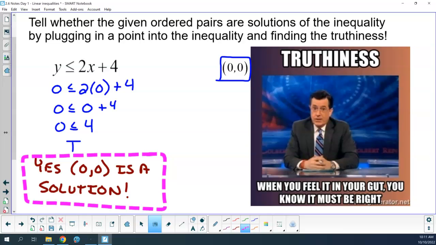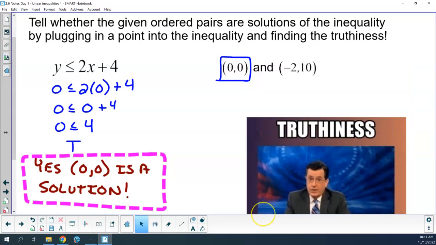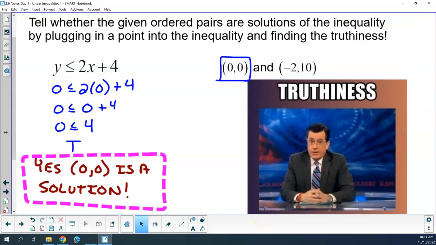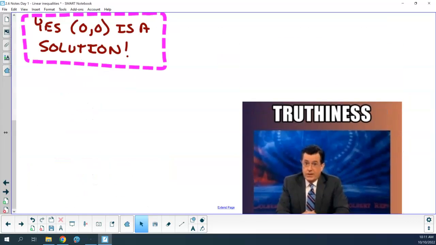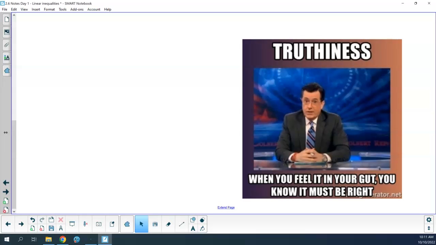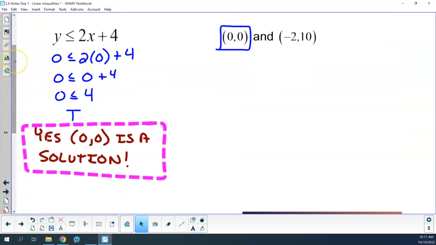Okay. Now, same inequality, you tell me if negative 2, comma 10 is a solution.